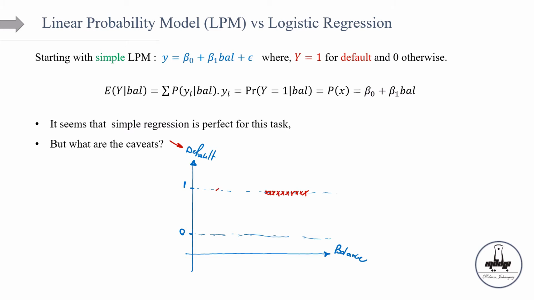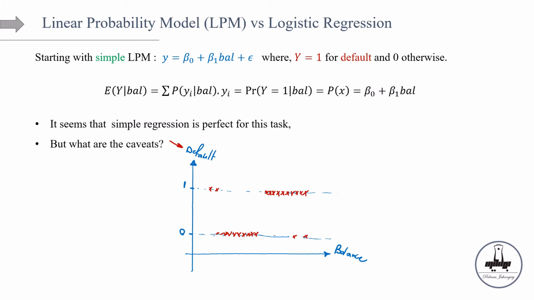And of course, there are some people with low balance, but they don't default. And on the other hand, many people with very low balance in their credit cards, and of course, they're not going to default. And the same story, maybe there are some people with high balance, but they still don't default. So let's say this is a representation of the data set, right? Just keep it very simple.